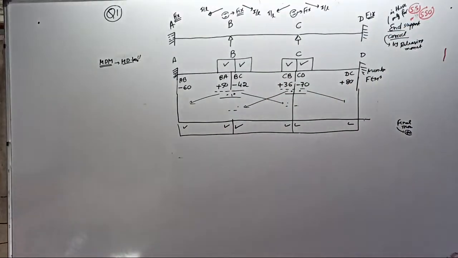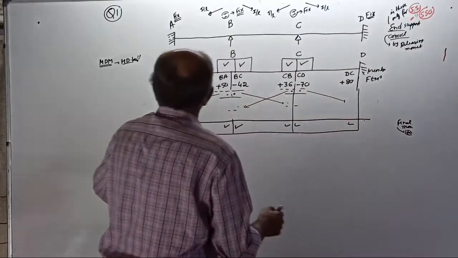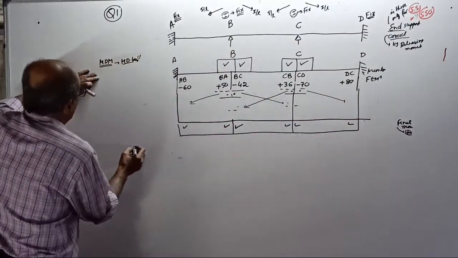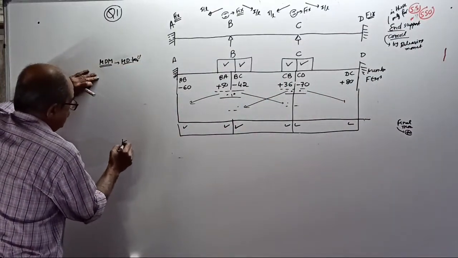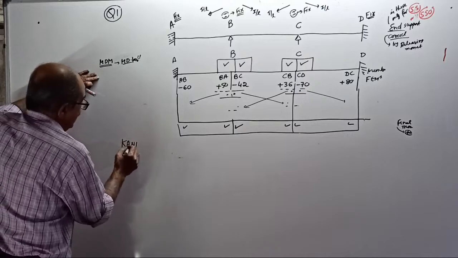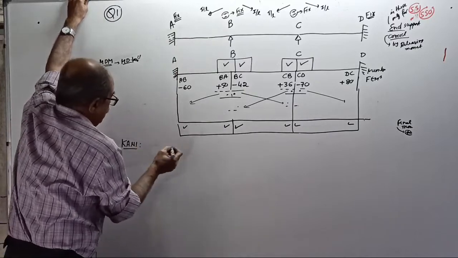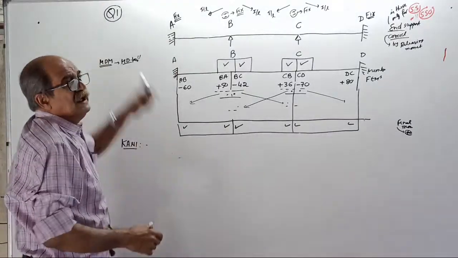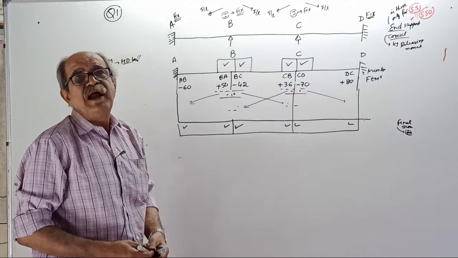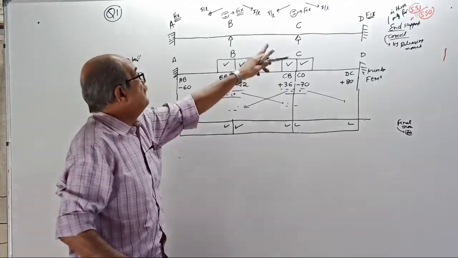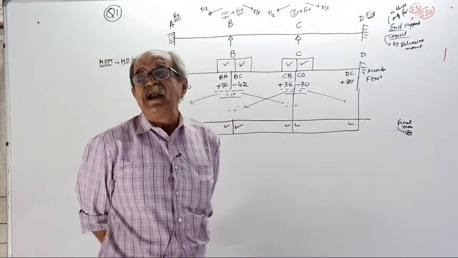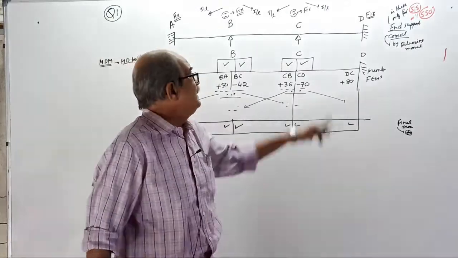Now come to Kani's method. Be very careful. If you are going for Kani's method, the same beam, your steps will be: after finding the rotation factor and finding the FEMs. Remember, MD method: distribution factor, then FEM, then table.